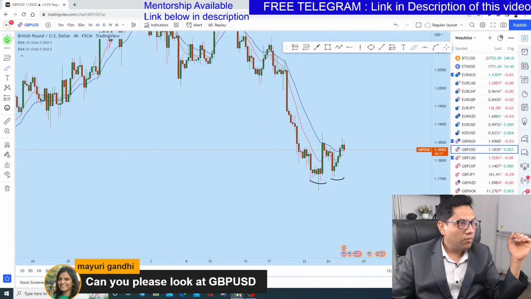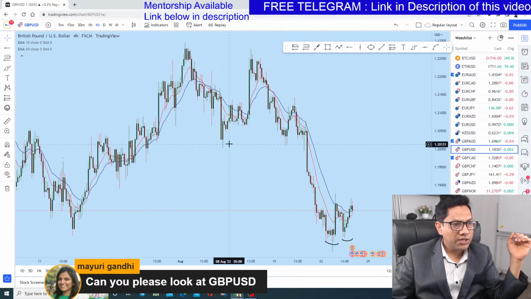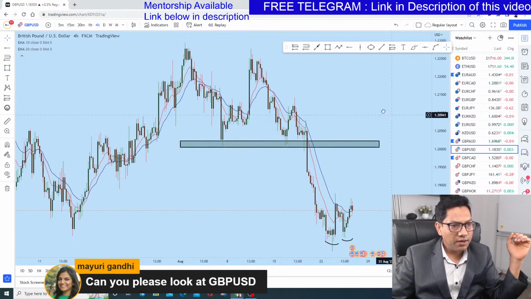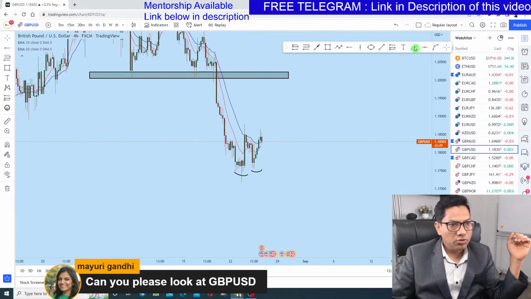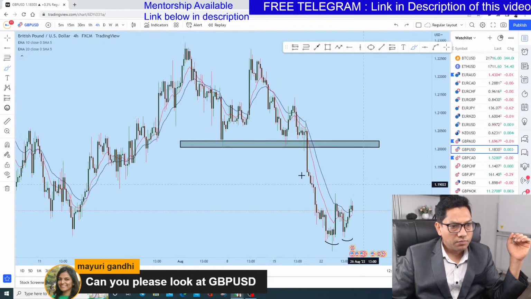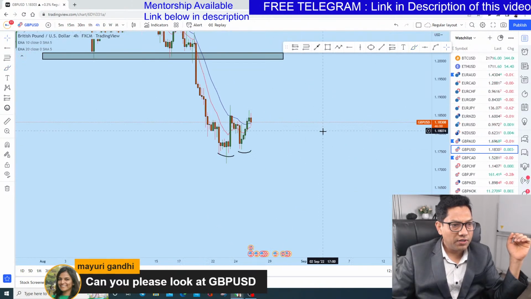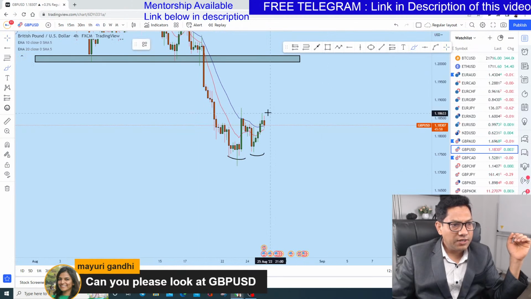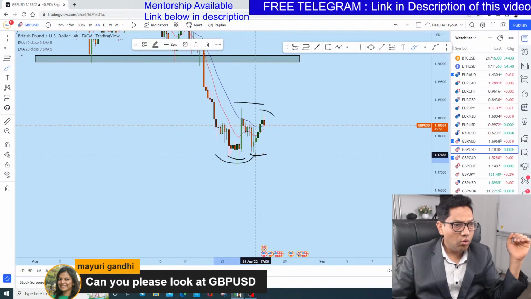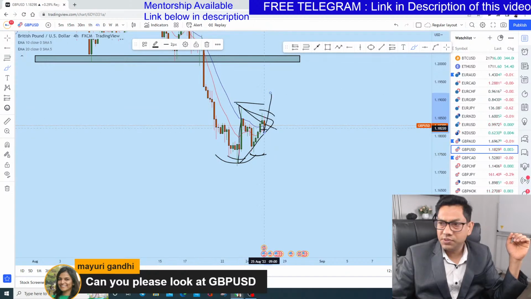For me to sell, either I need to see the price come back here, or I need to see strong bearish price action. So far the price is creating a lower high and a higher low, meaning it will break at some point, either to the upside or to the downside.